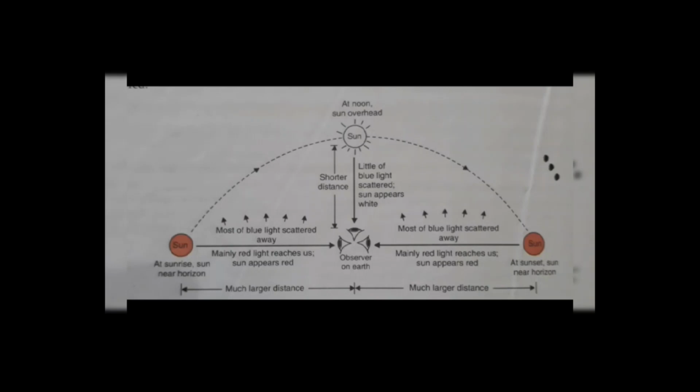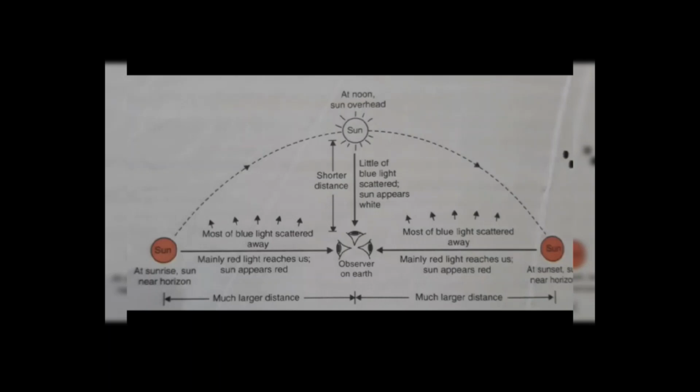For the same reason, the sky surrounding the rising and setting sun also appears red. Thus, I hope you now understand why the sky appears reddish at sunrise and sunset, and why the sky appears blue.